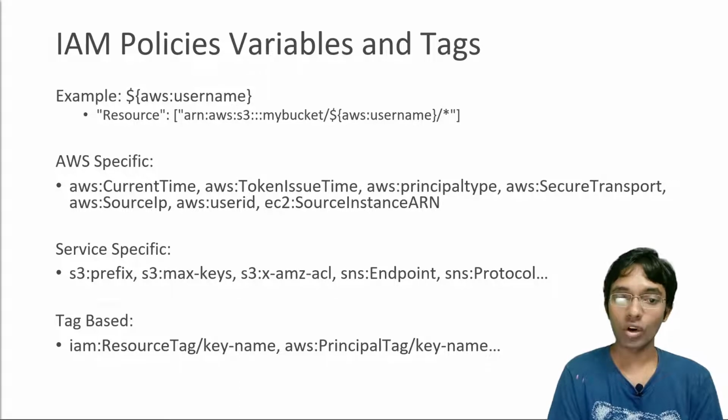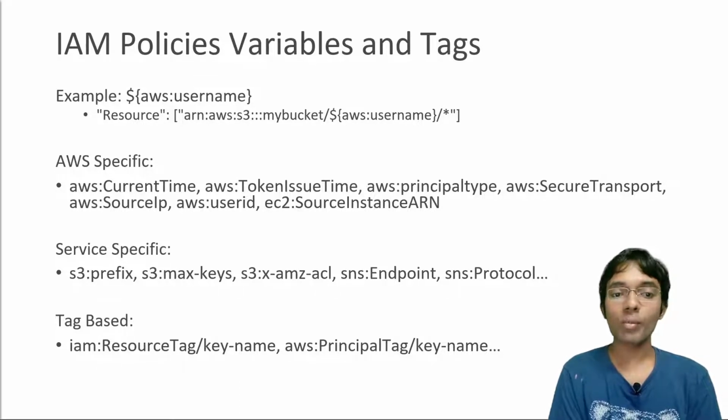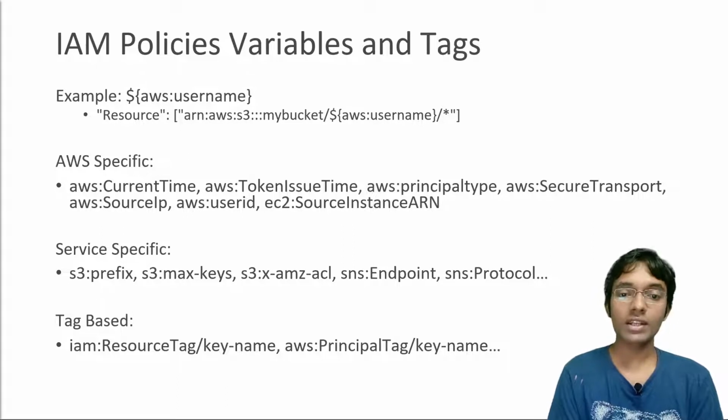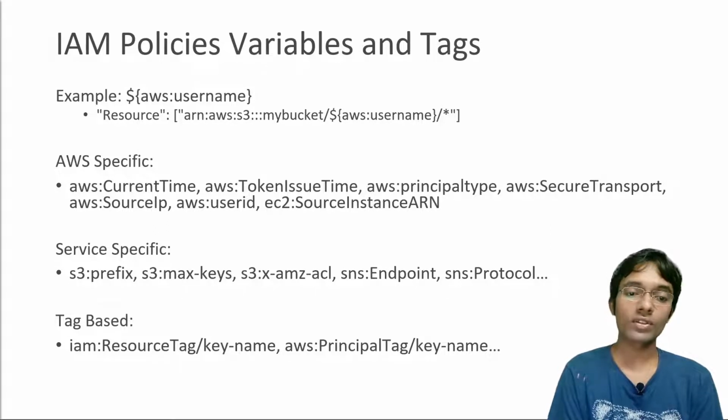What this does is that it will look at your username to perform all the actions on just the prefix that starts with your aws:username. That means every user will have its own little directory in your S3 bucket, and that is a very common usage for this.